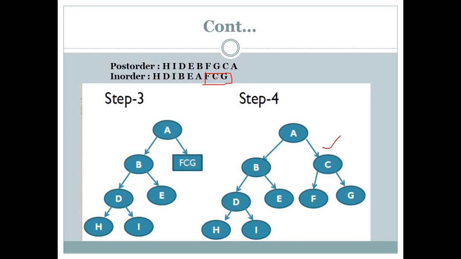In order says that C is the middle node, so that will be the root node. F is on the left, so F will be the left child, and G is on the right, so G will become the right side of C. So this is the creation of a binary tree from the in order and post order traversal.